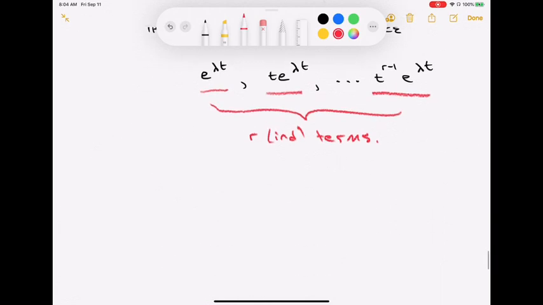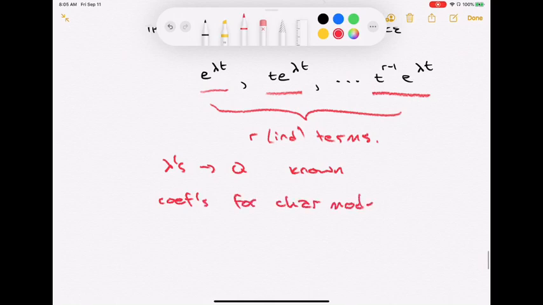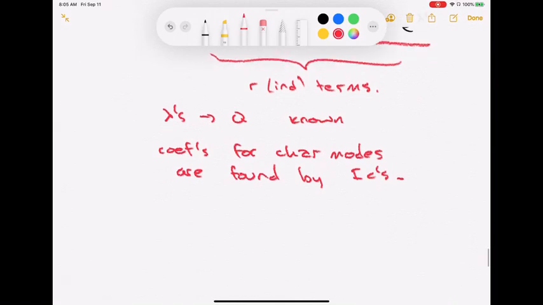The lambdas come from Q, and they're known. The coefficients for these characteristic modes are found by the initial conditions. Same kind of procedure. And when I do this first example, I think we'll be able to demonstrate all of this.